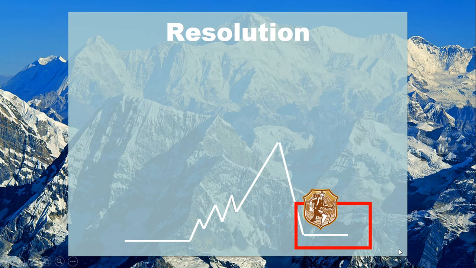Finally, we come to the fifth and final part of the plot diagram, the resolution. The riding off into the sunset moment of the story. The part that allows you to close the book with peace of mind or excitement for the next book in that series.